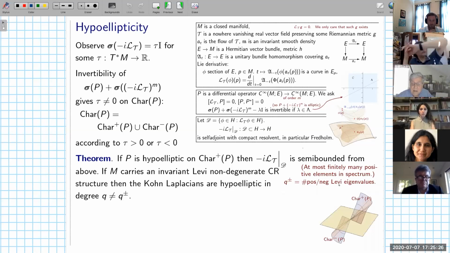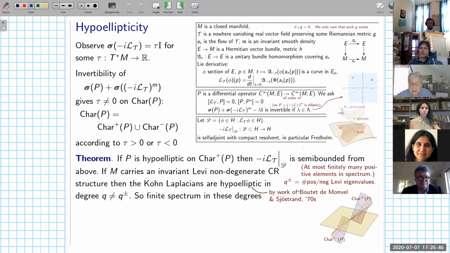And the hypoellipticity is known by work of Melin and Sjöstrand independently in the 70s, but this is microlocal stuff, and it also goes back to work of Kohn in the 60s.